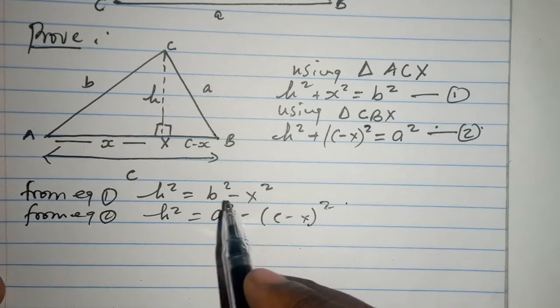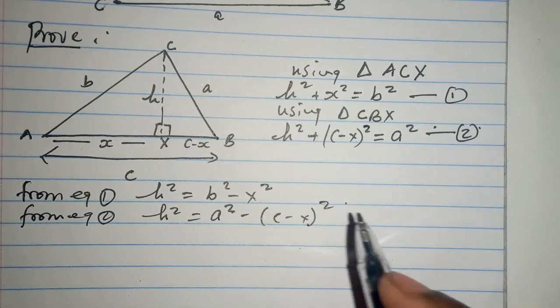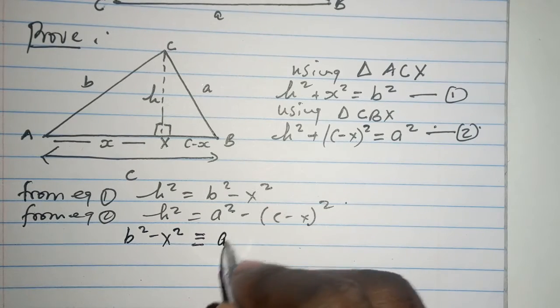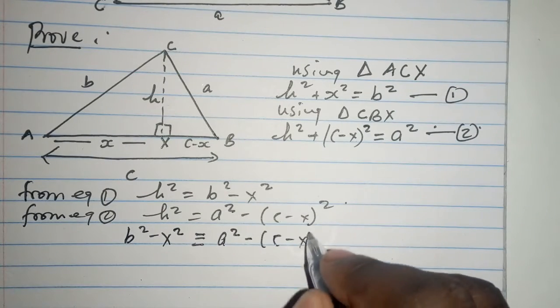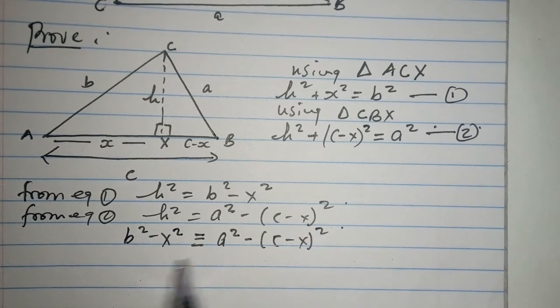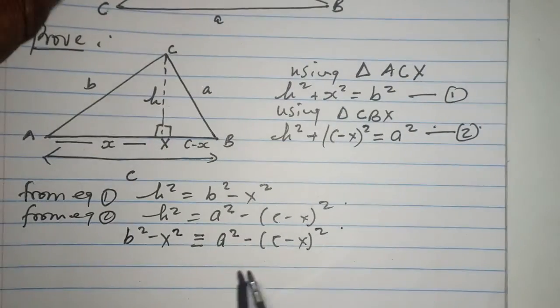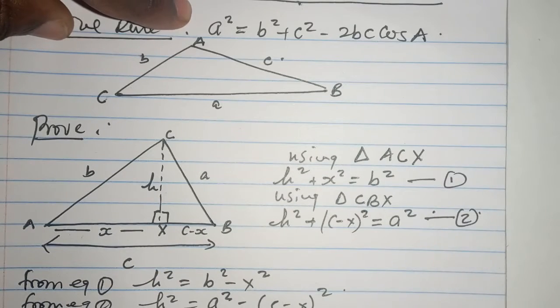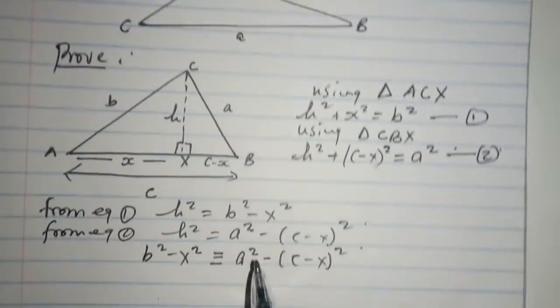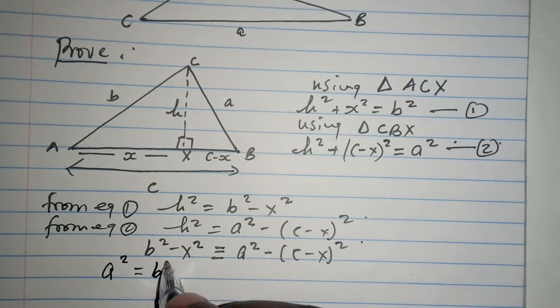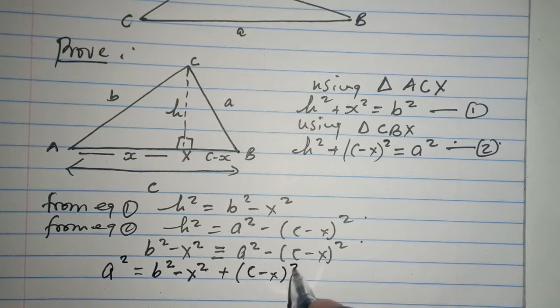If we make a squared the subject to capture the cosine rule, a squared equals b squared minus x squared plus (c minus x) squared.